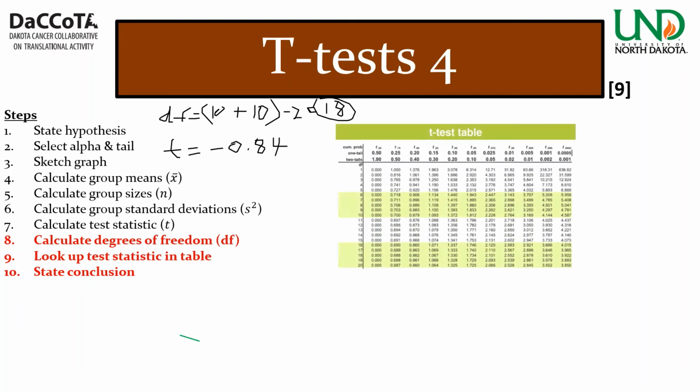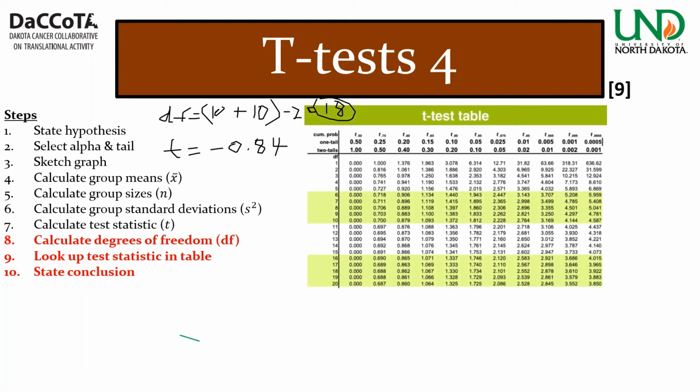So let's look up our test statistic value. Since we had two tails, we go here, and then we want an alpha value of 0.05. Then we add degrees of freedom of 18, so we're going to go down here. And that is going to give us a critical value of 2.101.